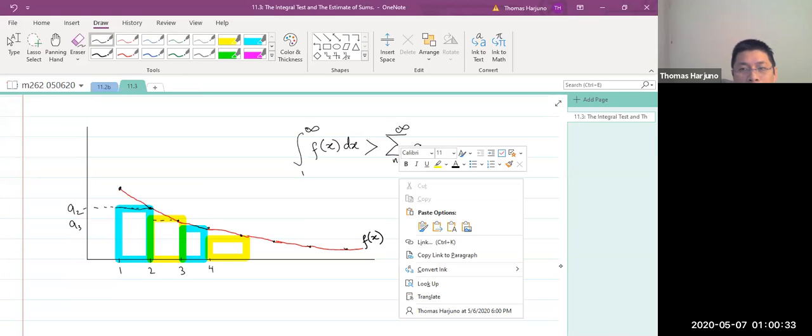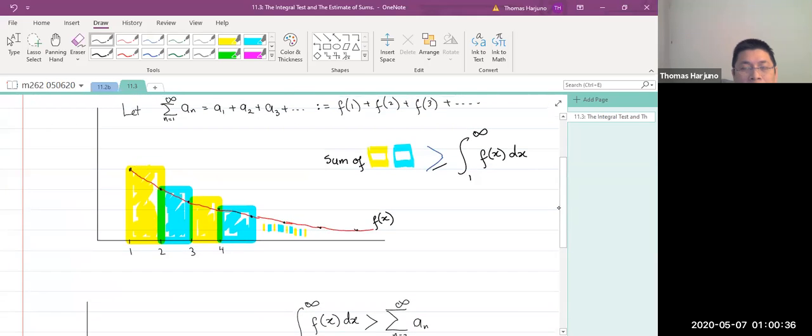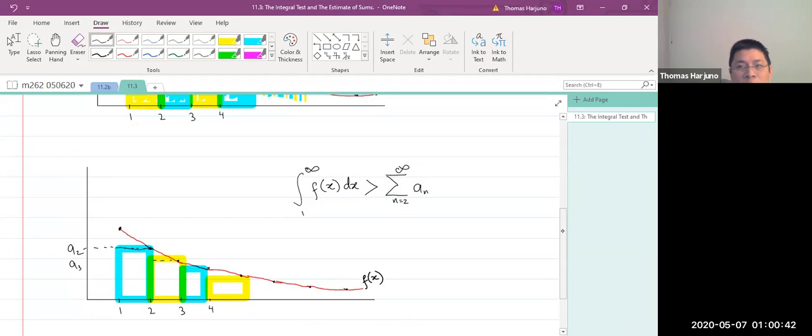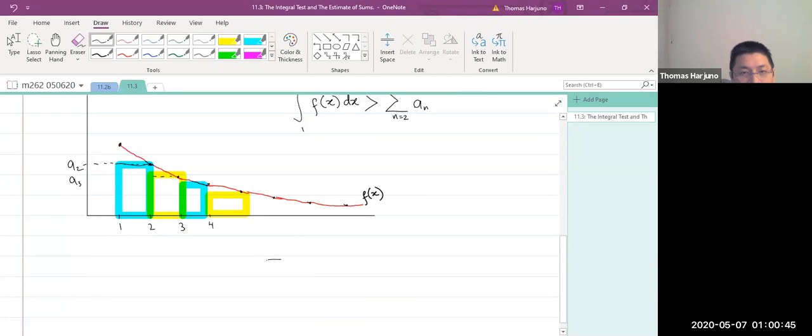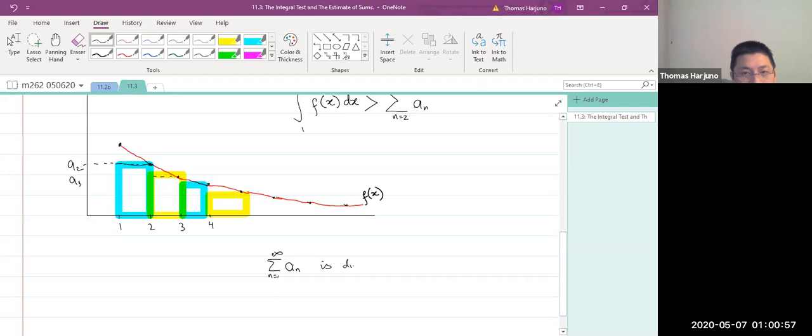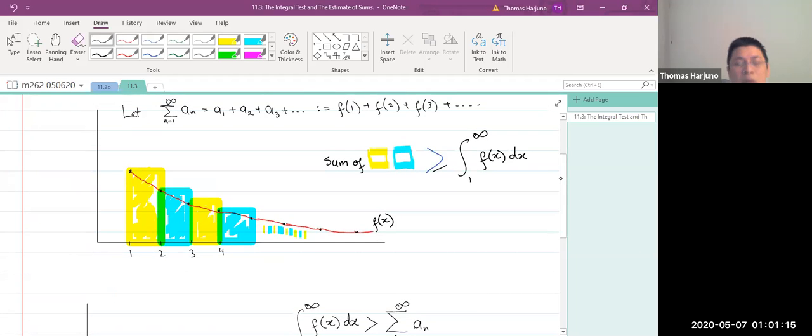Okay, so from the picture we have above and the picture we have below, we see the following situation: the series of a sub n will be divergent if the integral from 1 to infinity is divergent.